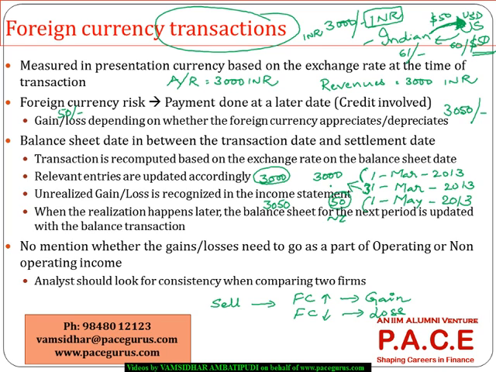So let me assume that on the balance sheet date the exchange rate is 60.6 rupees a dollar. Then in this case, you first readjust this transaction, assuming that a sale has been done on 31st March 2013. So probably you would have got 3,030 for that. But because you did not make a sale, the 30, whatever is the increase that you are expected to get, goes as unrealized gain.